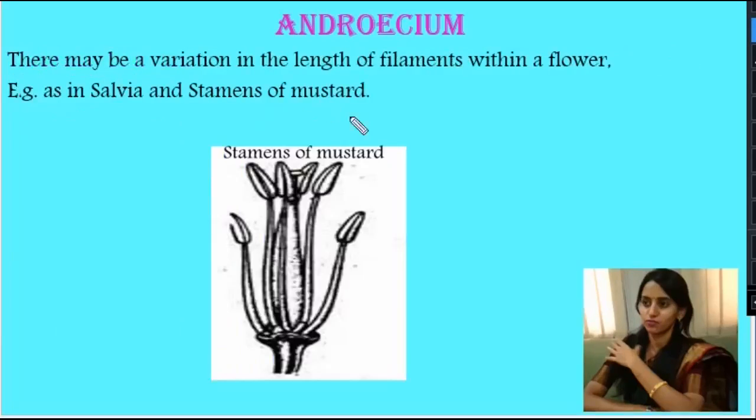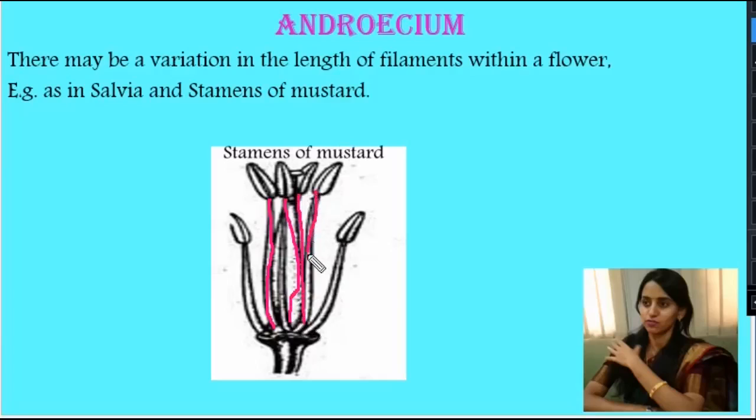In some other flowers, there is a variation in length of filaments within the same flower. For example, in case of mustard, look at this. In mustard, there are 6 stamens, of which the filaments of 4 stamens are of the same length. This is the first one, the second one, the third one, and this is the fourth one.